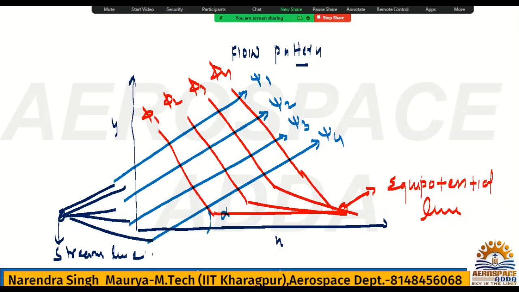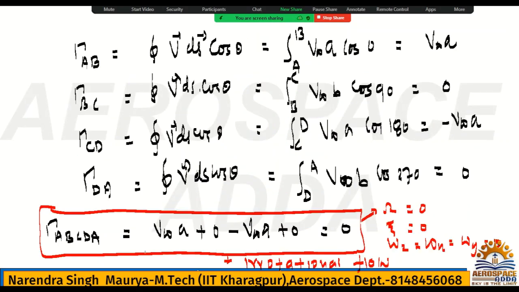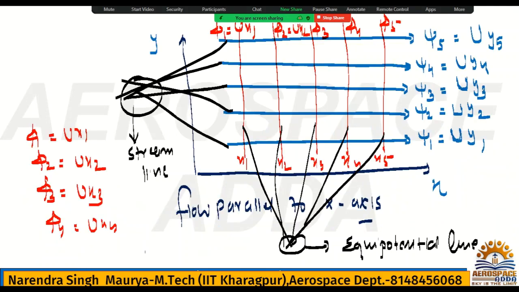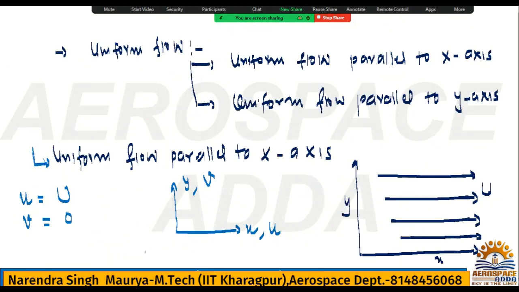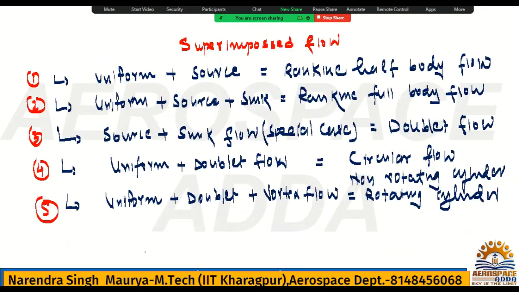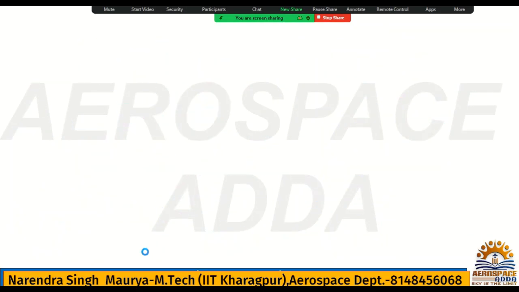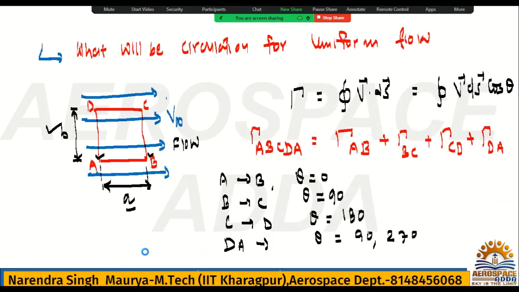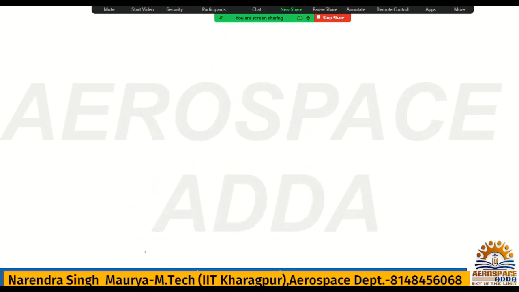So what type of flow had we started with? Uniform flow till now. Next we will go for the source flow, and then we'll go for the sink flow.